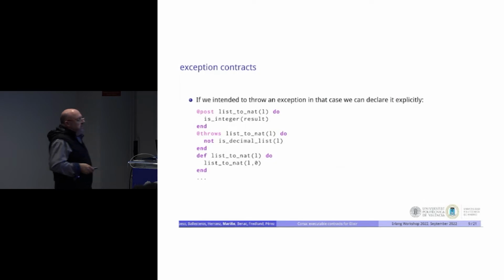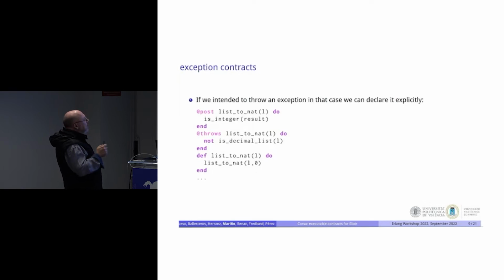I understand that this is not ideal. The ideal thing is to have a proper precondition, but sometimes it's not that easy to fully specify the precondition. So in those cases, we think that this contract can be useful.